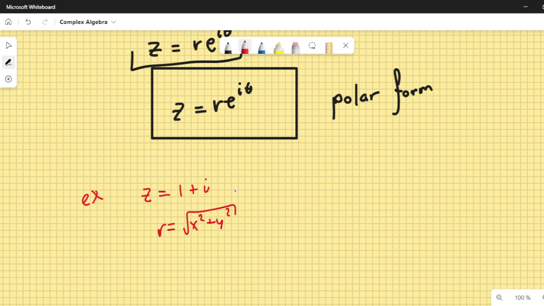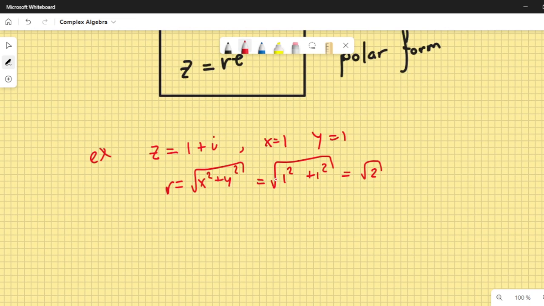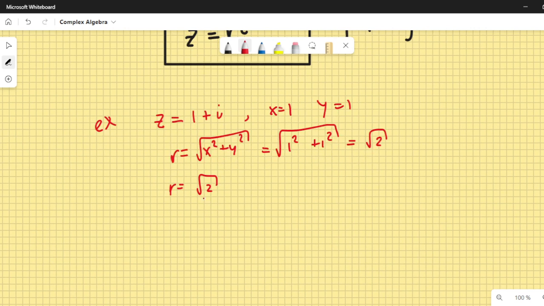In this case, x equals 1 and y equals 1. So we substitute: square root of 1 squared plus 1 squared. 1 squared is 1, 1 squared is 1, so the square root of 2. That's the r, that's the modulus, root of 2. And by the way, the modulus is always a real number.